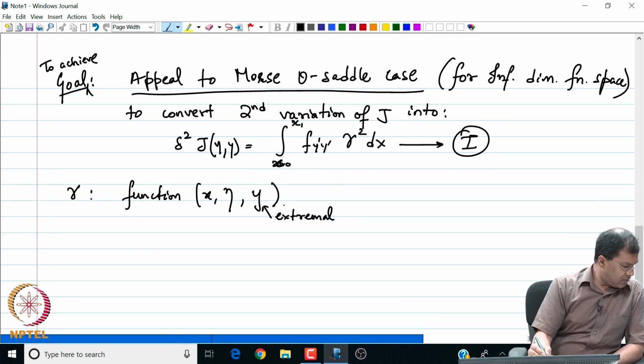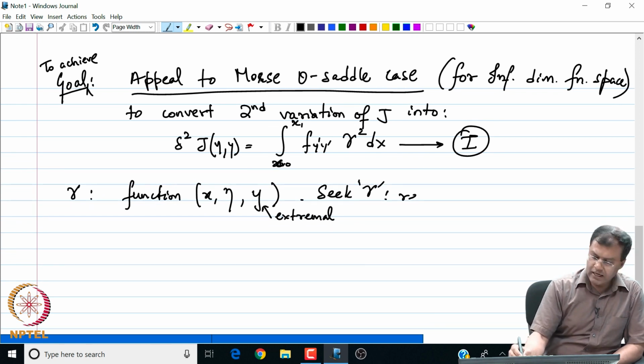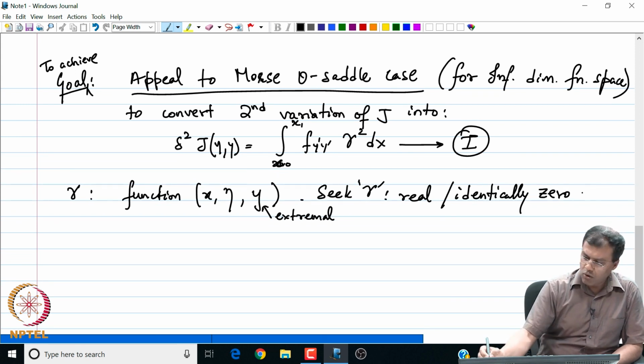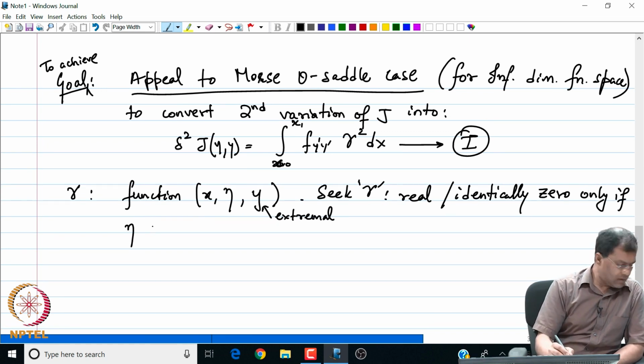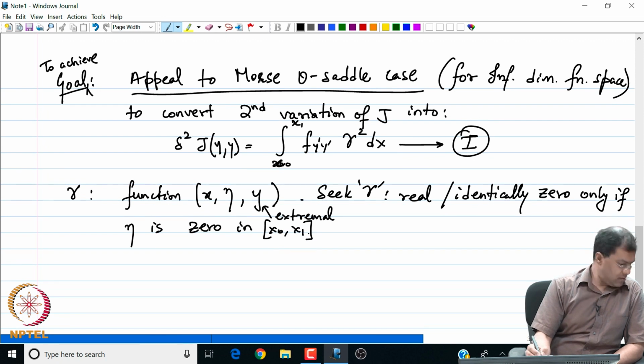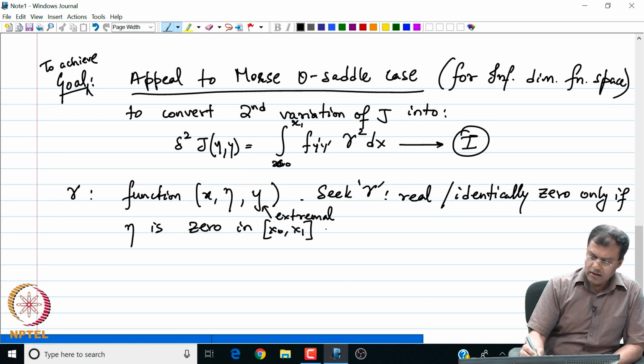We seek gamma real and identically 0 only if eta is 0 in the interval from x0 to x1.